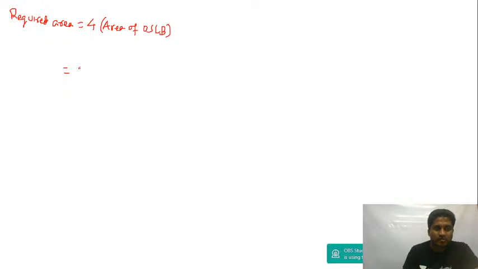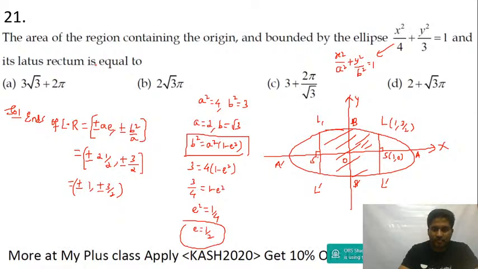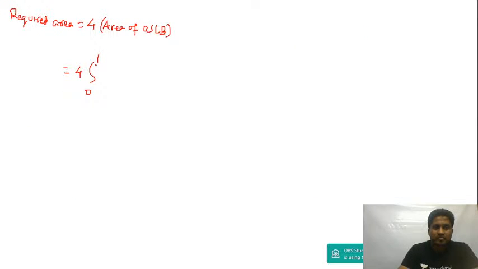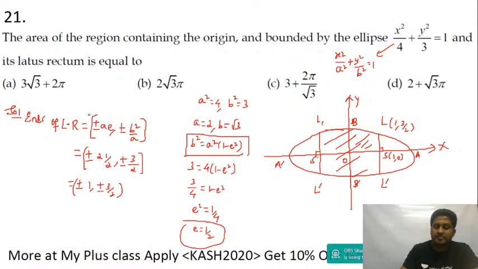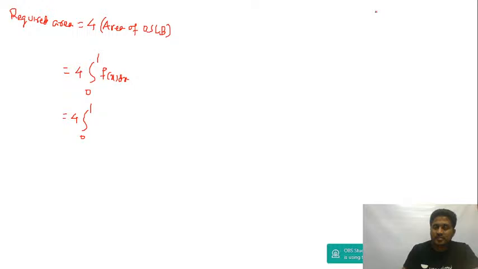So this is equal to 4 times integration 0 to 1. Lower limit is 0, upper limit is 1, and then you get a function of x dx. So this is equal to 4 times integration 0 to 1. Now x square by 4 plus y square by 3 equal to 1.